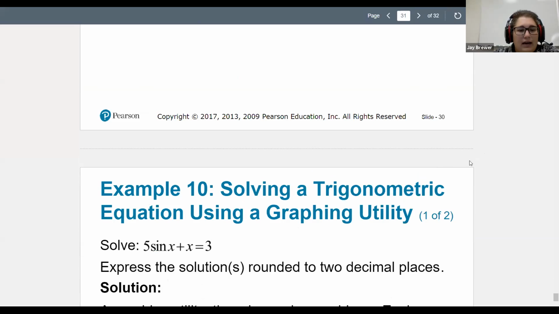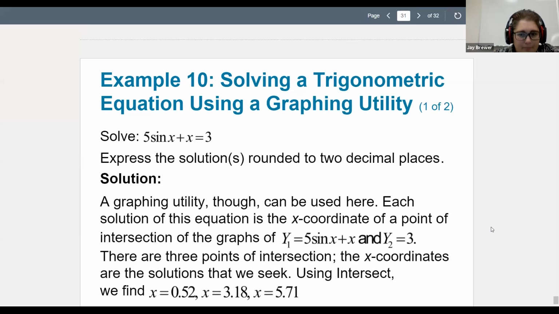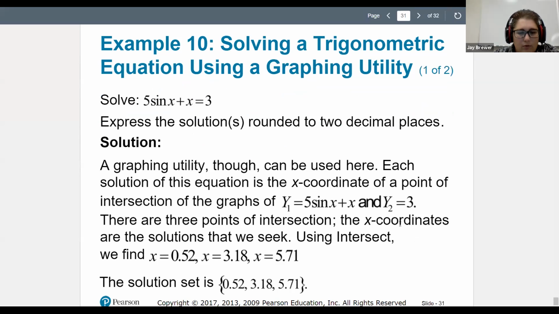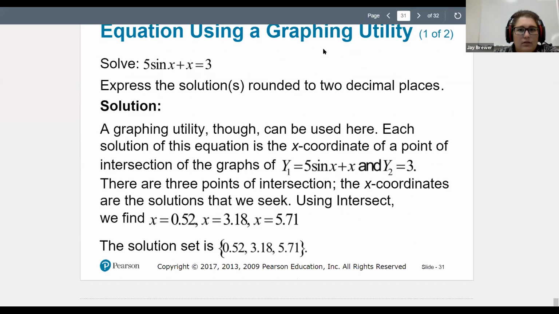All right, so 5 sine x plus x equals 3. Express the solutions rounded to 2 decimal places. Okay, so each solution is the x coordinate of the intersection between y1, which is 5 sine x plus x, and y2, which is 3. All right, there are 3 points of intersection, and here you go.